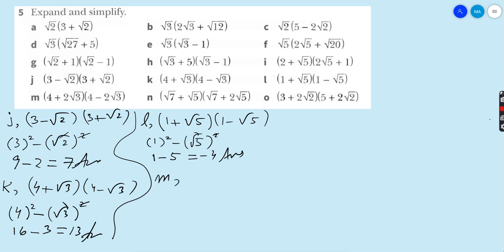Come to part M. Part M is 4 plus 2 root 3 multiplied by 4 minus 2 root 3.